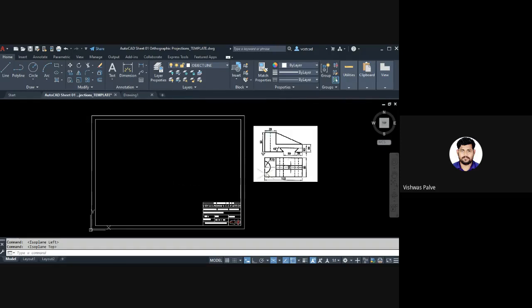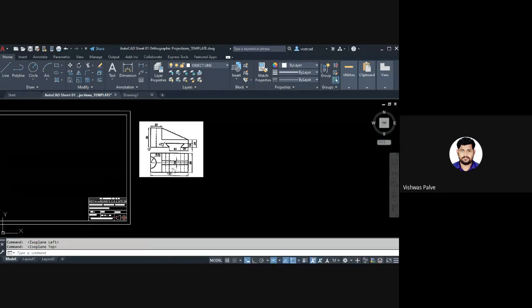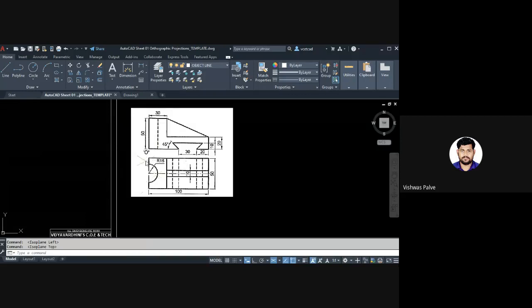Whenever we are starting with an isometric projection, the origin is very important. You will find that in each problem there is an O, the origin. With the help of this origin, you will be able to identify where exactly we are going to draw, on which side, and what our orientation will be.